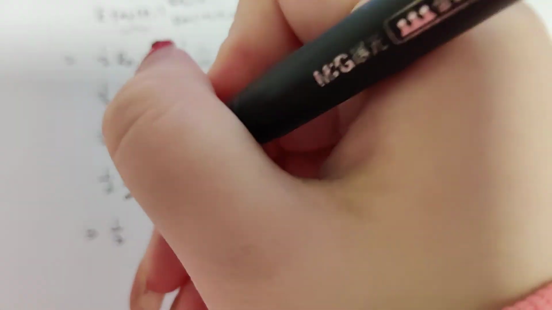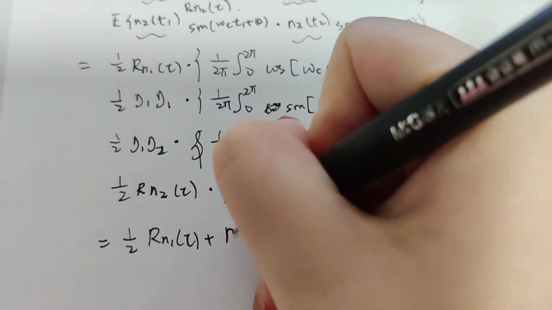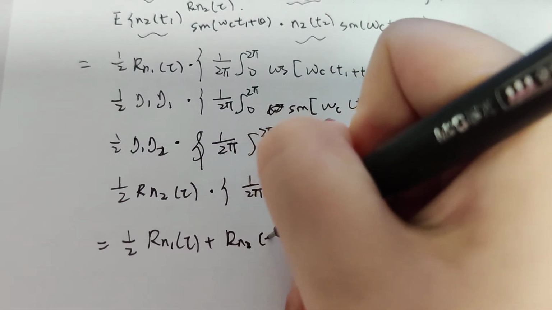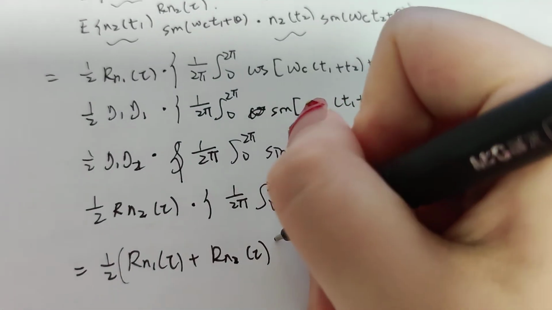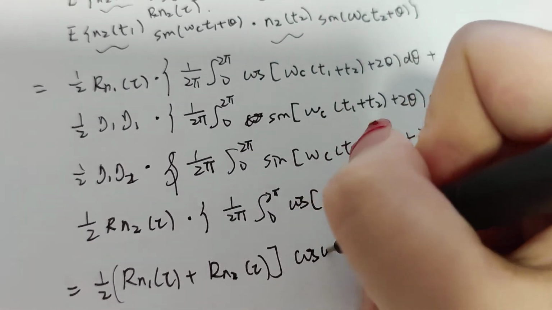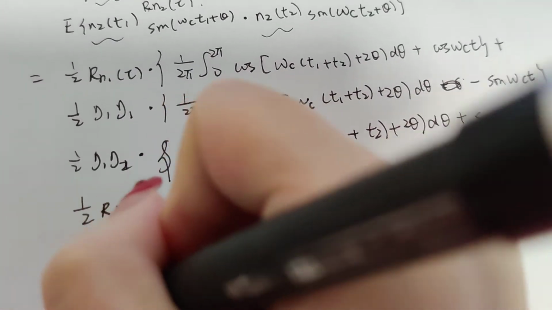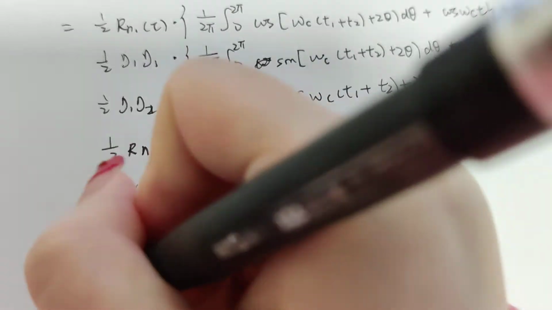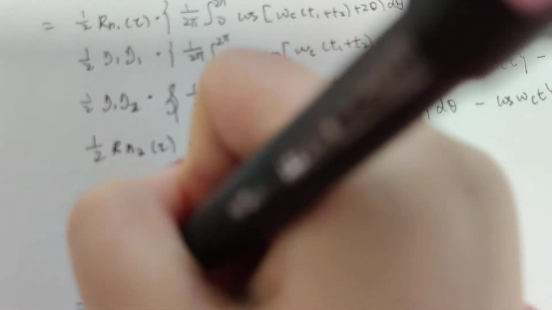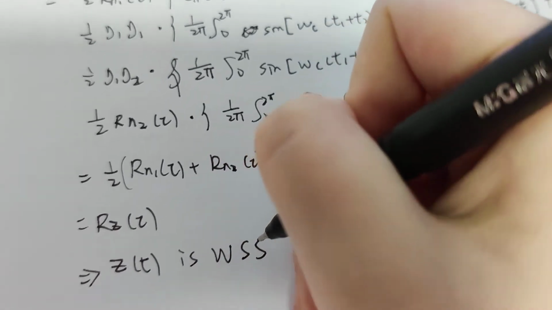This equals 1/2 (R_N1(tau) plus R_N2(tau)) multiplied by cosine(omega_c tau), which equals R_Z(tau). So we know that Z(t) is wide-sense stationary.